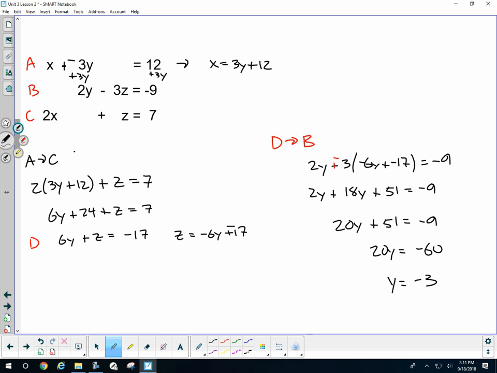Anybody else get y is -3? Okay, good. All right, so I have y. Can you see how you can get the x and the z? Can you get both of them plugging in y? Yes. I already have an x equals. I already have a z equals using y's.